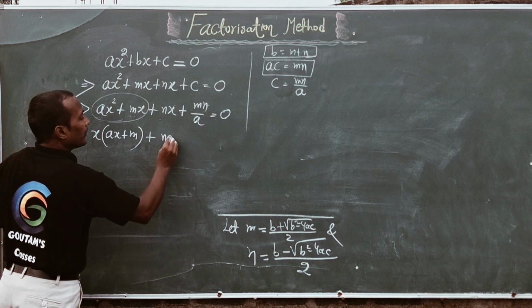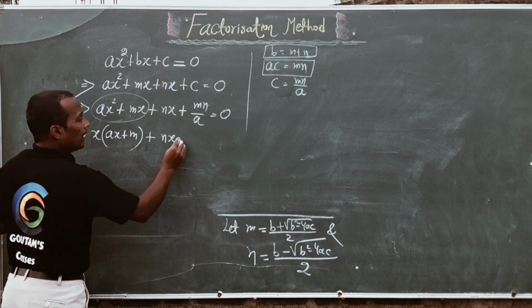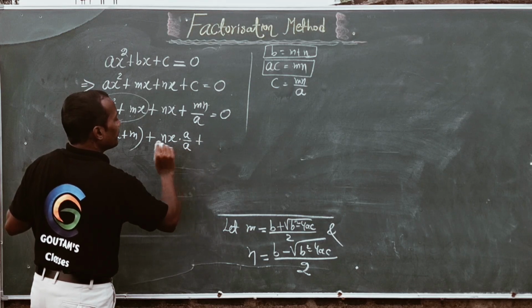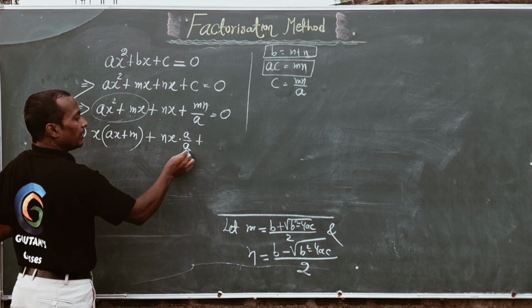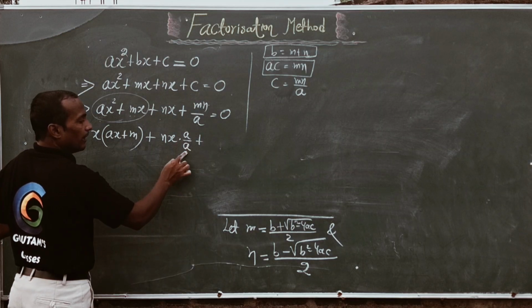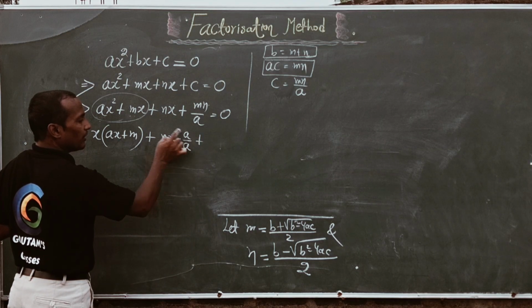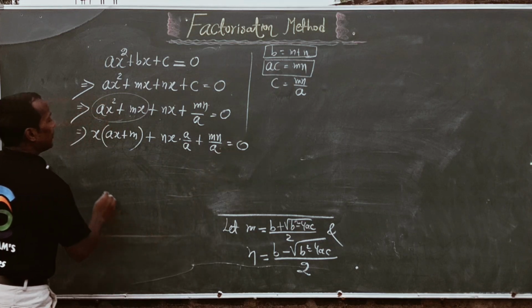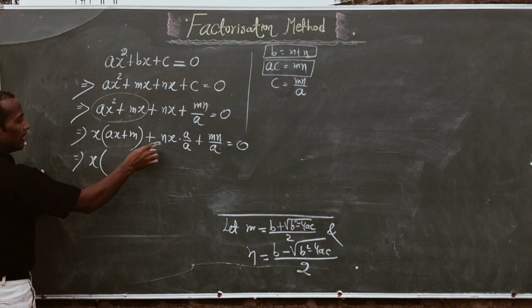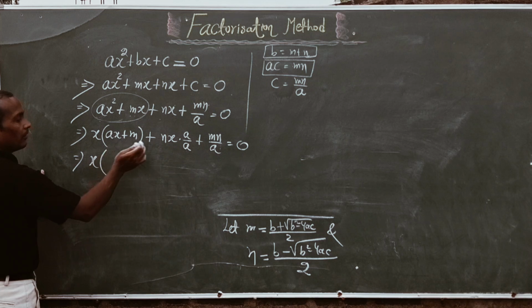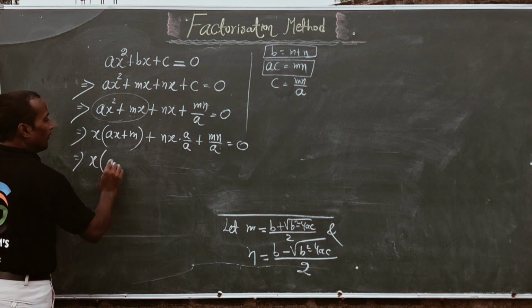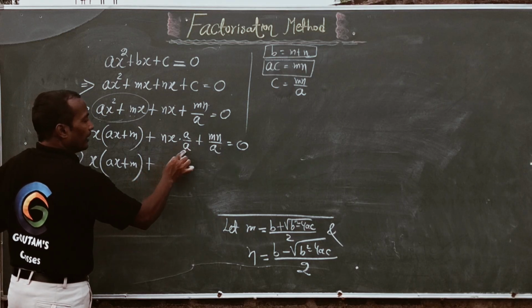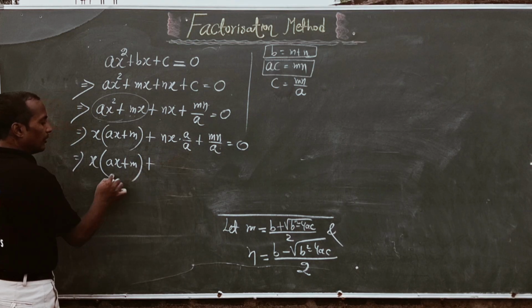You see, nx is there. I'll multiply a by a in this particular term. Multiplying by the same number and dividing by the same number brings no change in the term. So here already we have mn by a equals 0. Now I will take common from these two parts. I skipped taking common here to explain you this. Ax plus m plus, because I did like this, I will now have the same binomial left here.